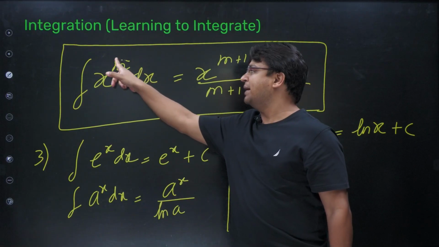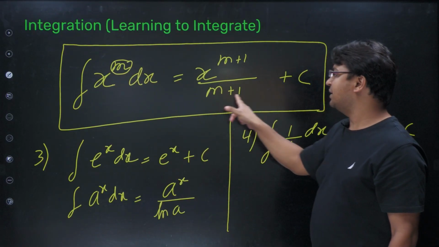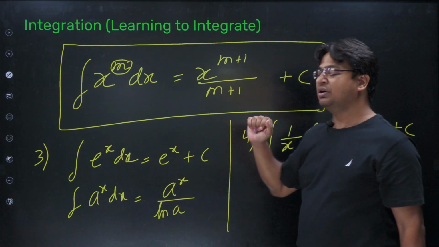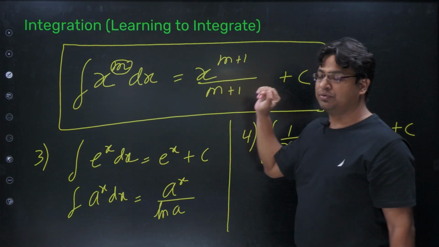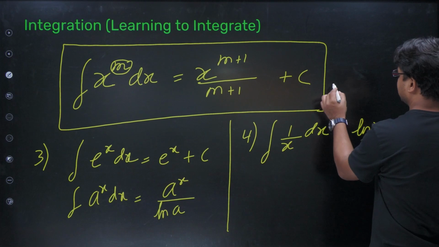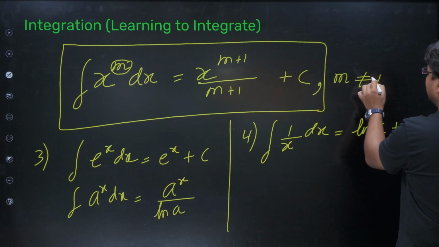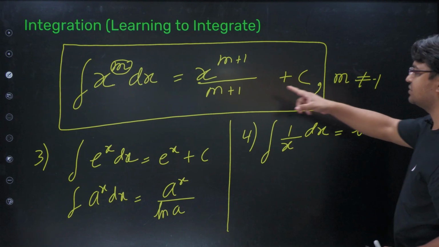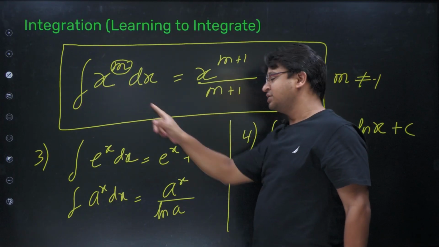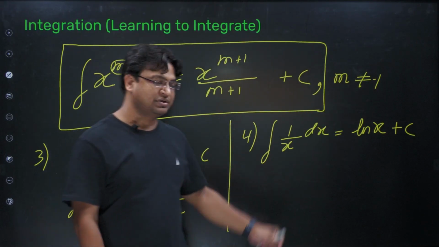If you choose m as minus 1 and use this formula, you will end up getting a 0 in the denominator, which means this won't be defined. So you can't really use this formula if m equal to minus 1. So maybe I can mention it here that m should not be equal to minus 1. If m is equals to minus 1, it becomes 1 upon x. For 1 upon x specifically, we have a different formula, which is this.